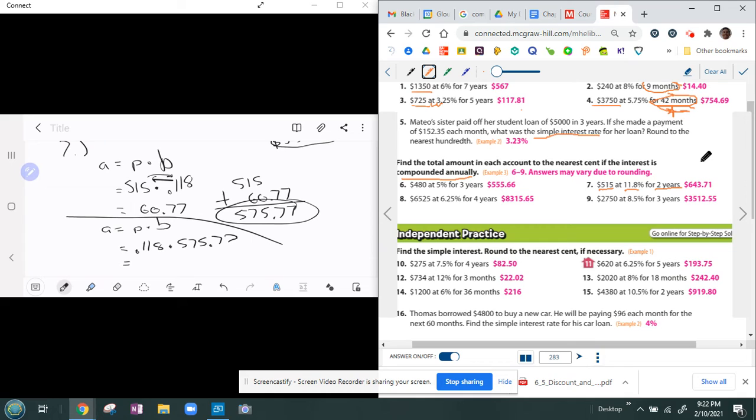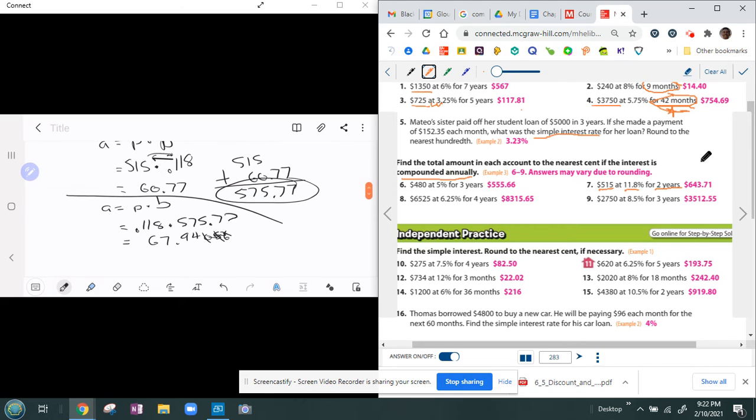Ooh, look at us go. We got some crazy numbers coming now. 67.94. We're going to round it to the nearest cent though. It came to 0.86, but we don't need any of that because it says round to the nearest cent.